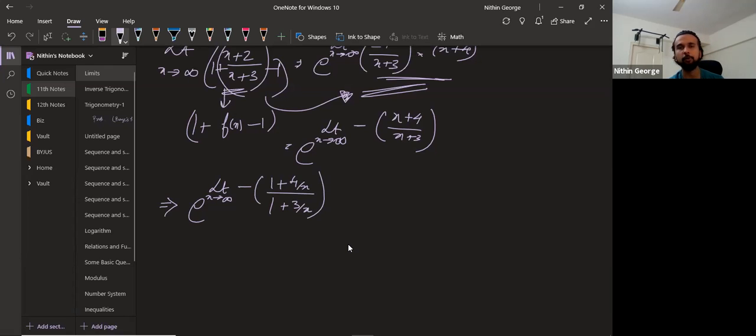Limit x tends to infinity, 4 by x and 3 by x become 0. x and x cancel out because it comes out as a huge positive number. Now, what am I left with? e power minus 1. It is 1 by e, sir.